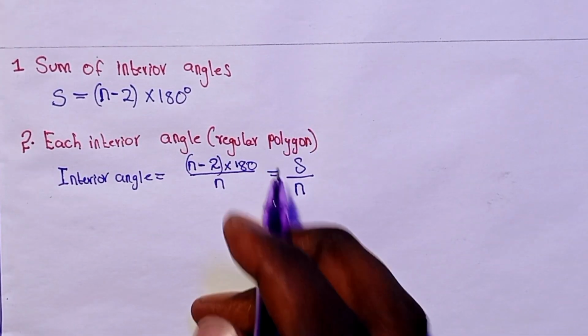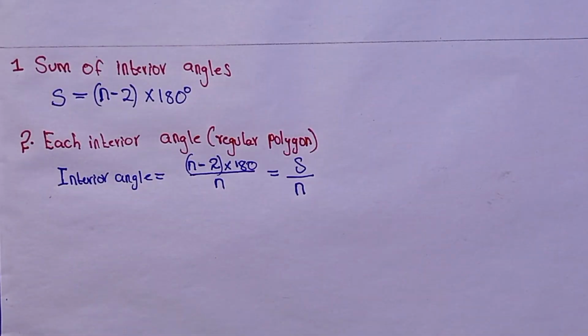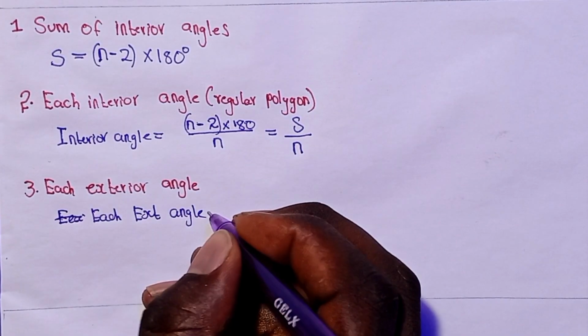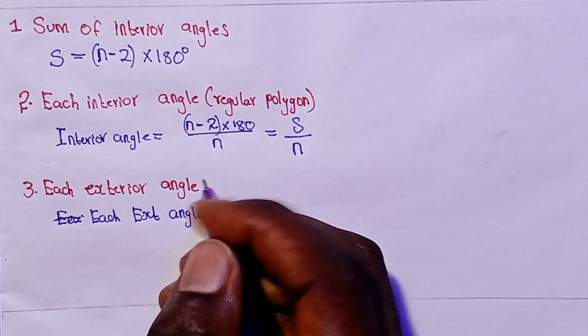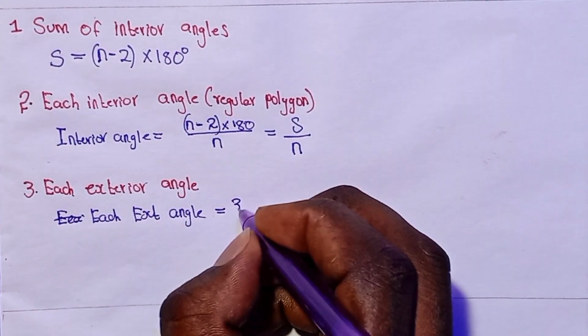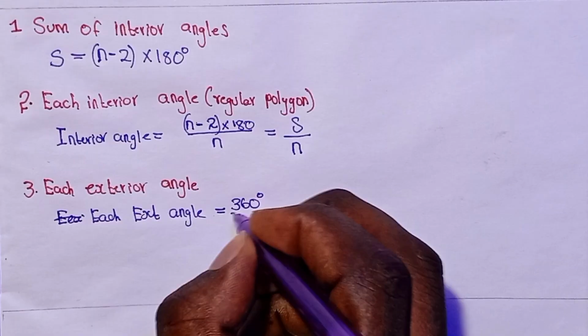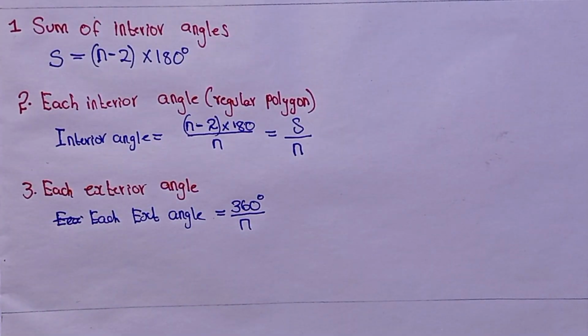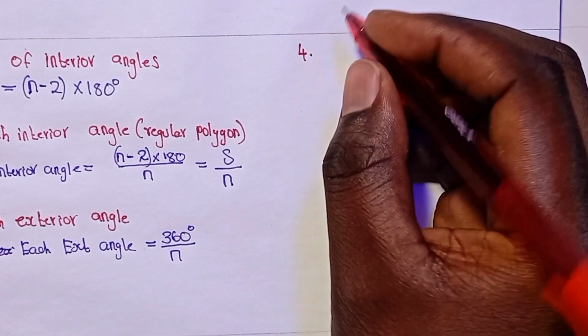So number 3, we are going to have each exterior angle. The formula states that each exterior angle is given by 360 degrees divided by the number of sides. On number 4, we have the number of diagonals.